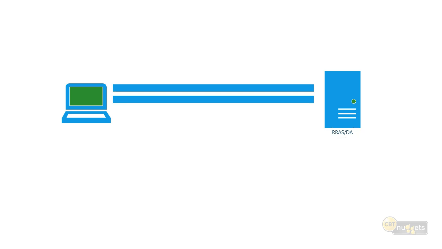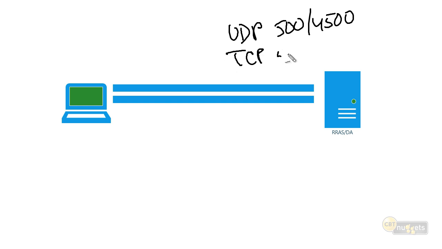So in this simplified model, what do you need to make sure happens? Well, on your firewall, you've got to make sure that the IPsec ports, and that's UDP 500 and 4500, are open and can get to the direct access server. In addition, TCP 443, right? If you recognize that, that's the good old SSL, HTTPS protocol.